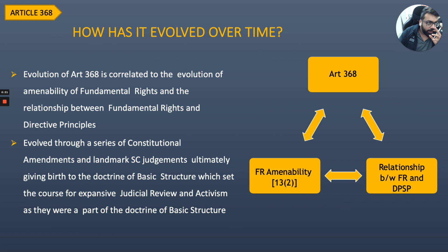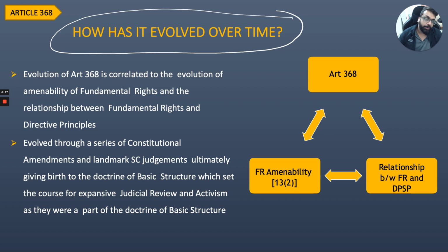Now, a fundamental question that most people don't get right is, how has Article 368 evolved over time? While 90% of the students write about how amendments to fundamental rights have had an impact on 368, actually, it is amendments to fundamental rights and the relationship between fundamental rights and directive principles which have had an impact on 368.